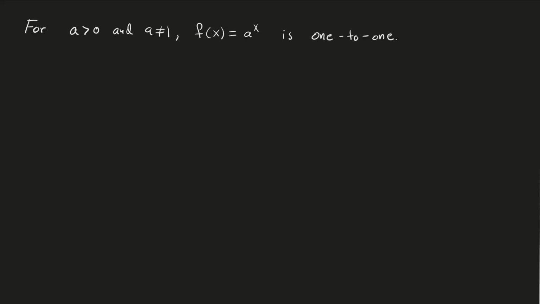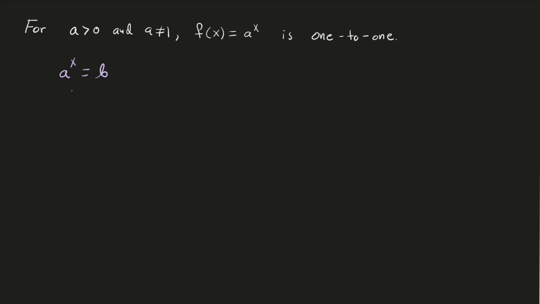So the first basic idea here is that f of x is equal to a to the x is 1 to 1, for a positive and not 1. So in this case here, we have the equation a to the x is equal to b. And if we wanted to solve this equation, we know that this is an invertible function, so there's some sort of inverse here.